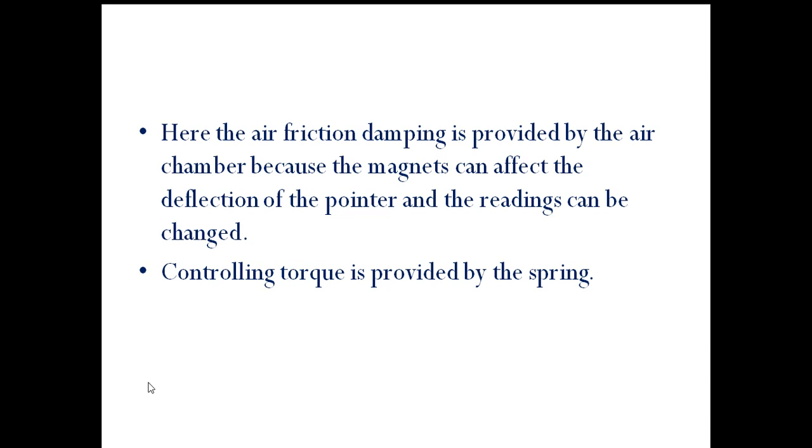So in recent days we are using the spring control method, and if we use eddy current damping, these strong magnets will affect the deflection of the pointer. So that's why eddy current damping may not be used. The second alternative is the air friction damping. So this type of damping is used in the MI instrument, the moving iron instrument.